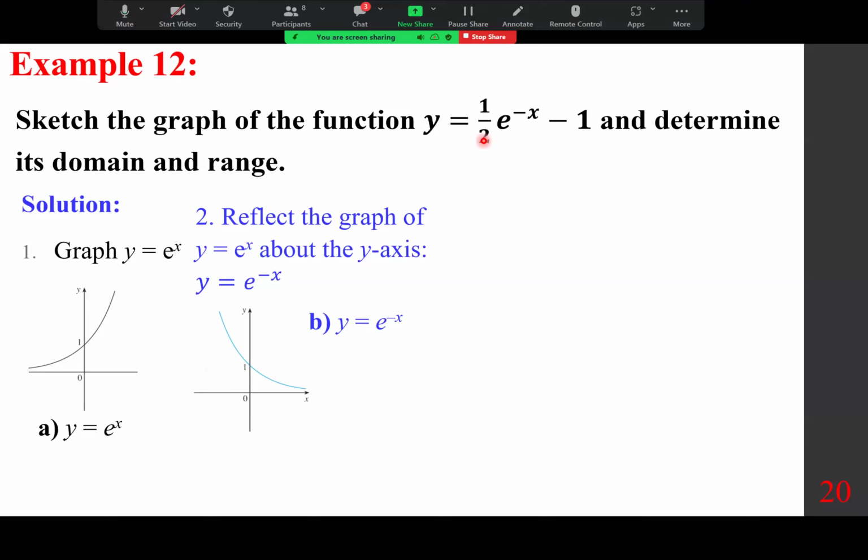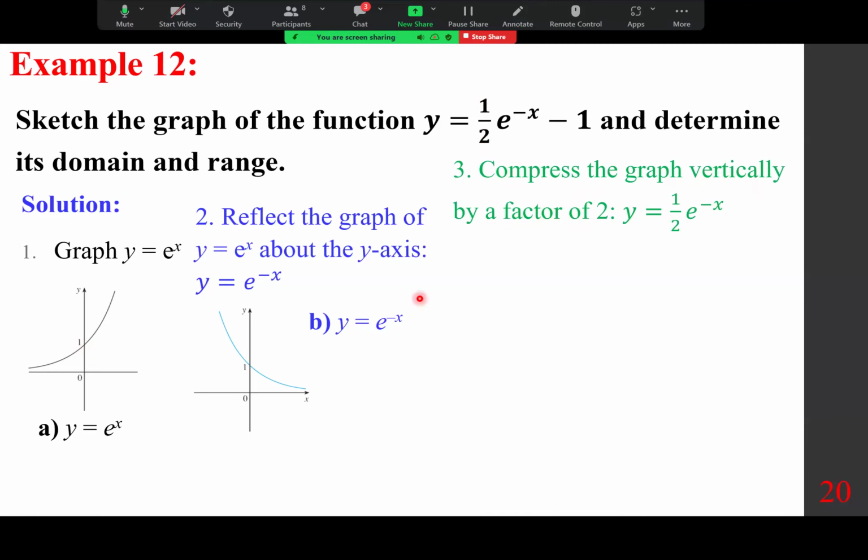Now we're going to use the 1/2. So it will shrink this function by a factor of 1/2. So compress the graph vertically by a factor of 2. So y becomes 1/2 of e to the power minus x. For the sake of argument, remember, the y-intercept was 0, 1 here, and it didn't change here.